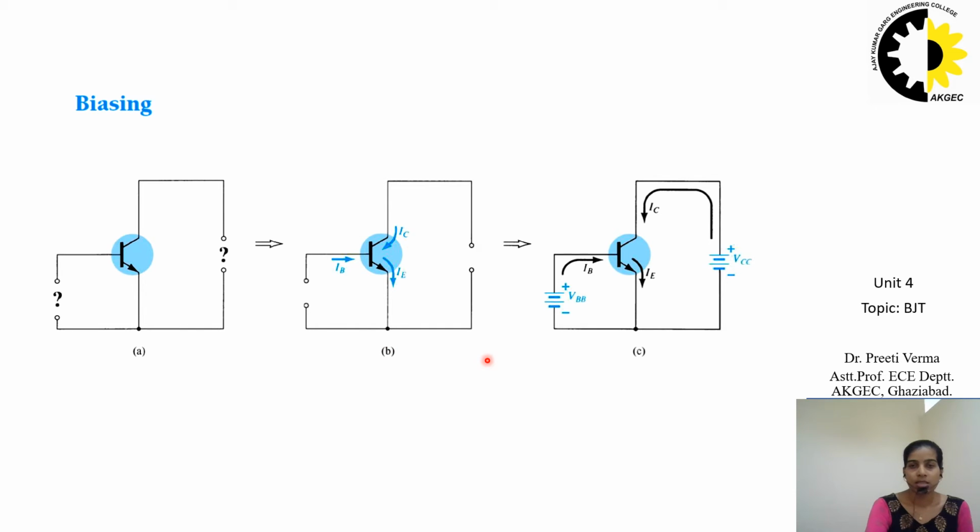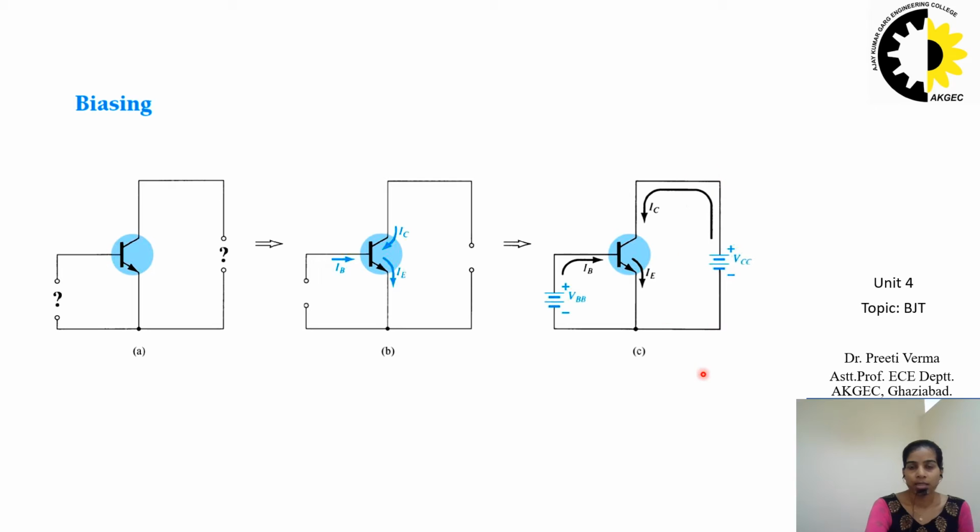Now biasing this system for proper operation, this is an NPN transistor. So base is of P type, emitter is of N type. So we have a battery connected here. Base is connected to the positive, emitter is connected to the negative. So this input side is now forward biased.